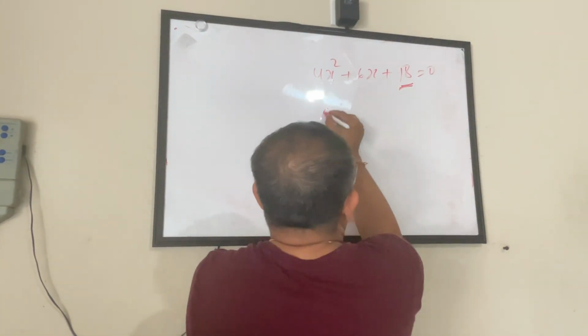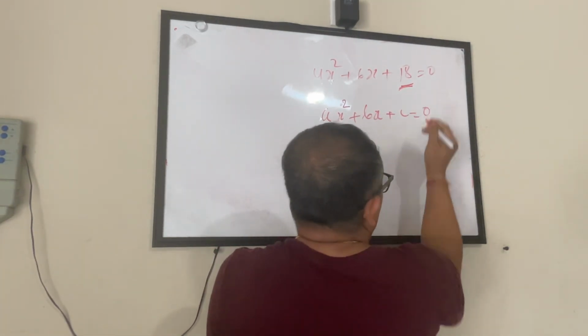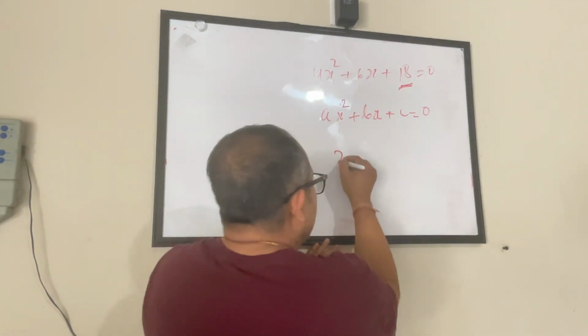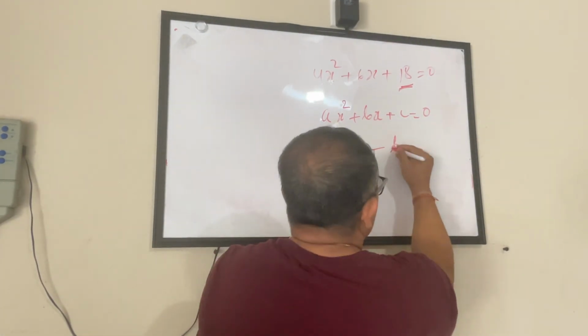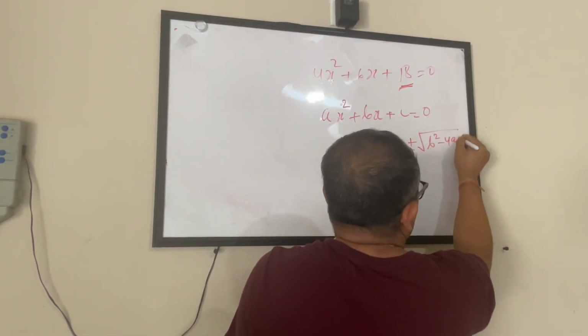If you are looking at the standard form, ax squared plus bx plus c equals 0, and you have to solve for x, the value of x is minus b plus or minus the square root of b square minus 4ac, divided by 2a.